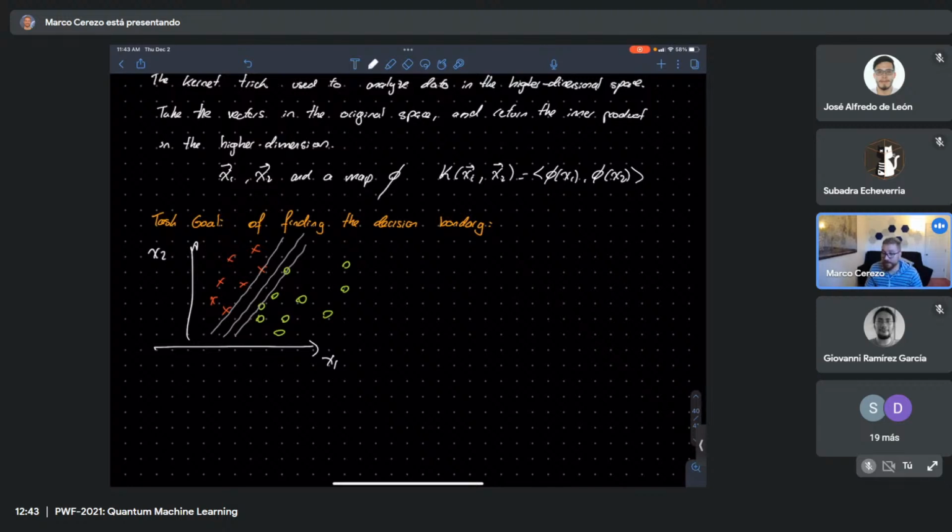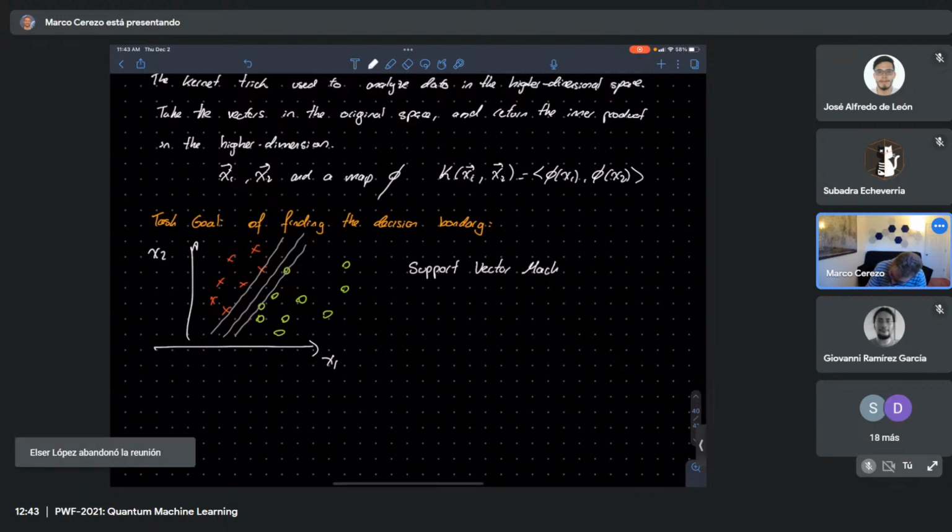And this is a method. I'm not going to go into the details of this because this is not a classical machine learning course, but this is essentially what people call support vector machines, or SVMs.